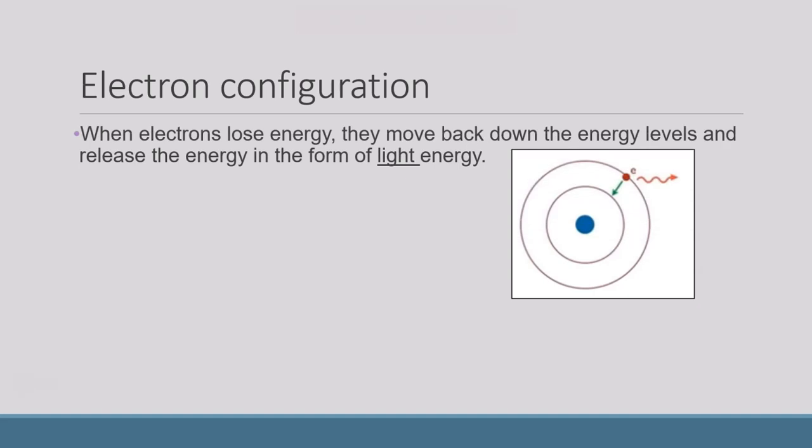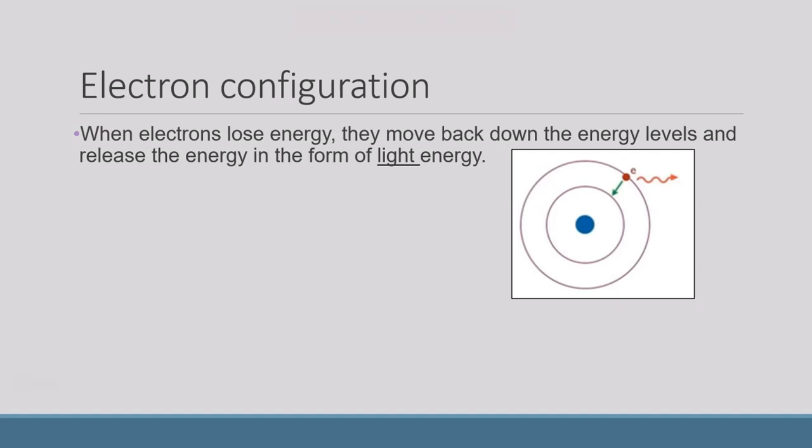Now, when that electron loses energy and moves back down to its original energy level, which we call the ground state of the electron, it is going to release that energy in the form of light energy. Remember that energy cannot be created or destroyed. It can only be converted into other forms.